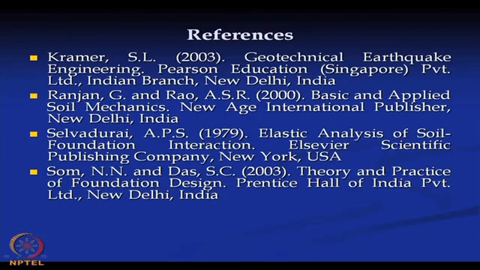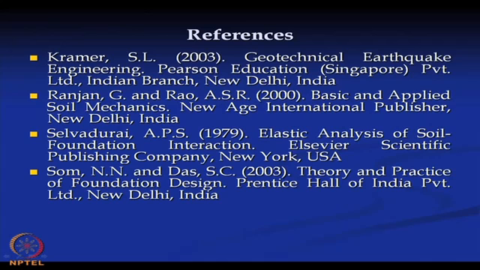Then Kramer's book for the geotechnical earthquake engineering part, because some part of the design of the retaining wall under earthquake seismic condition will also be discussed in this course. For that part the reference book is Kramer 2003. Then Ranjan and Rao, Basic and Applied Soil Mechanics 2000.